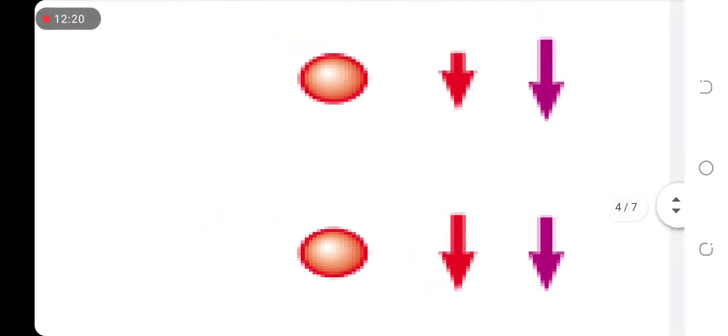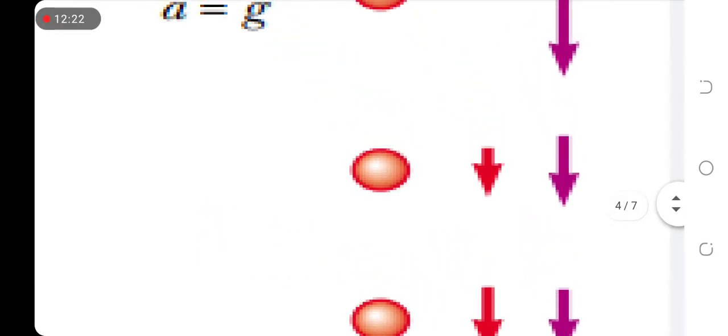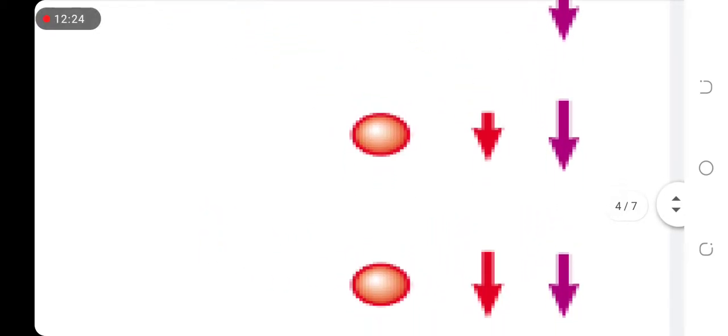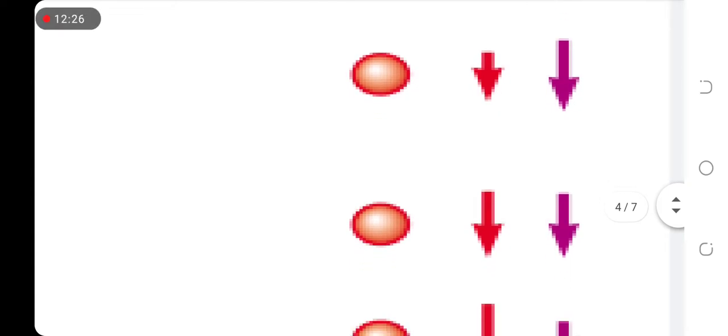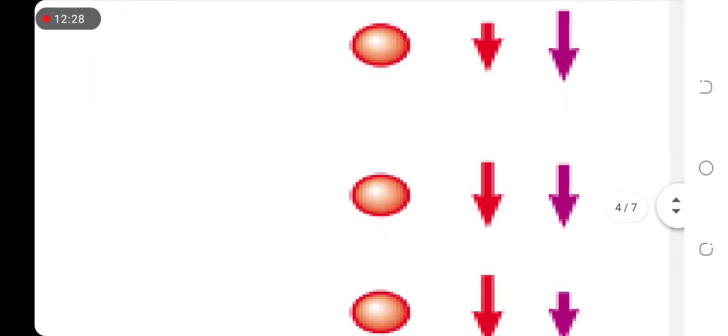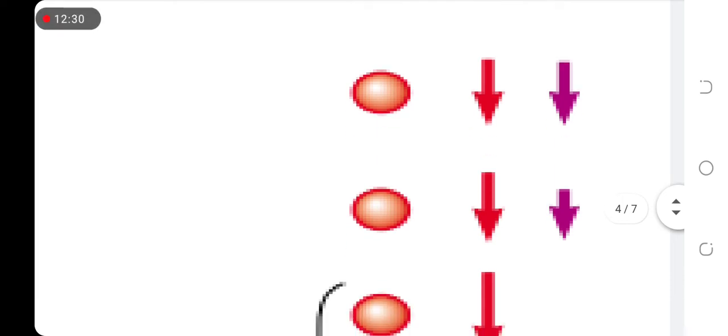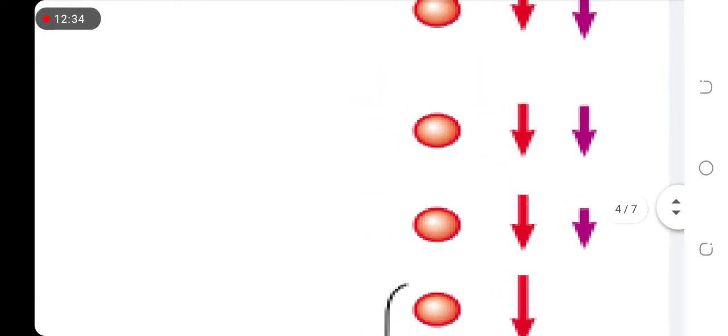We see that as the body moves down, the right arrow is decreasing, whereas the left arrow is increasing. As the velocity increases, the acceleration of the body decreases.